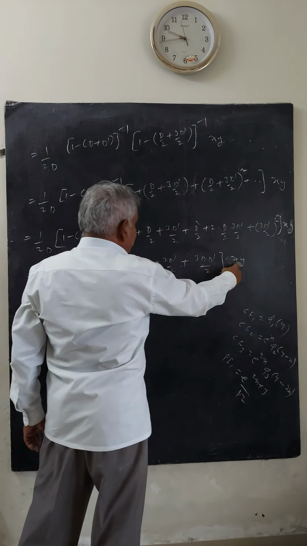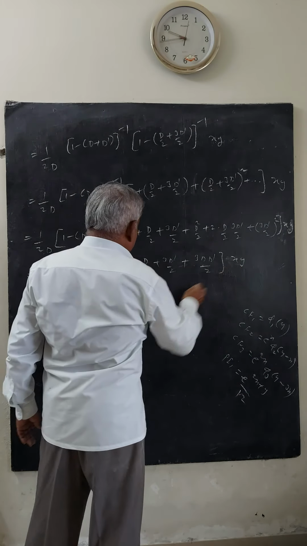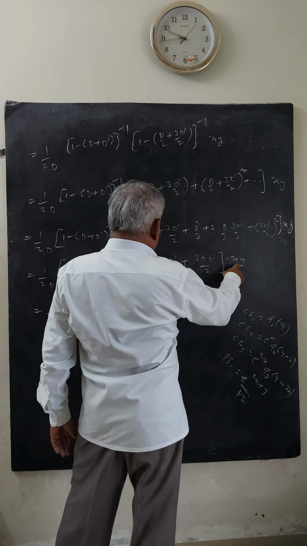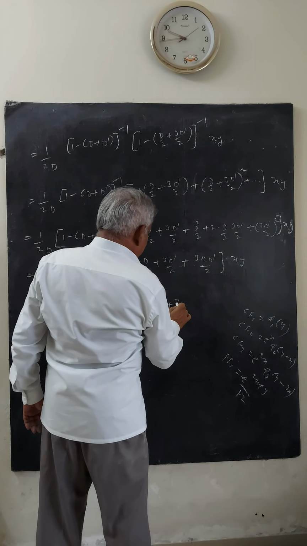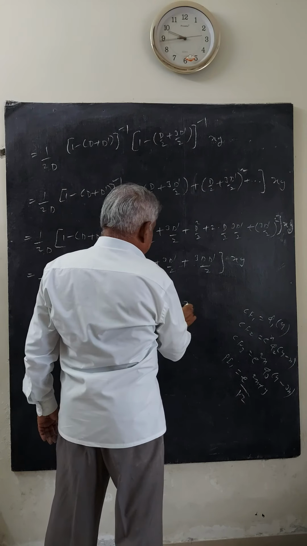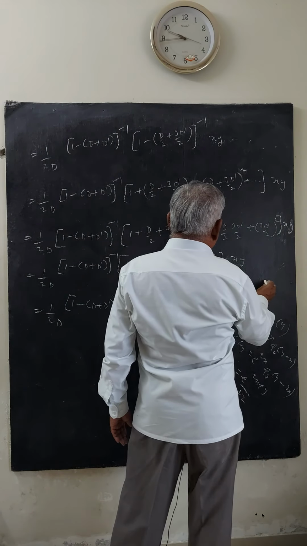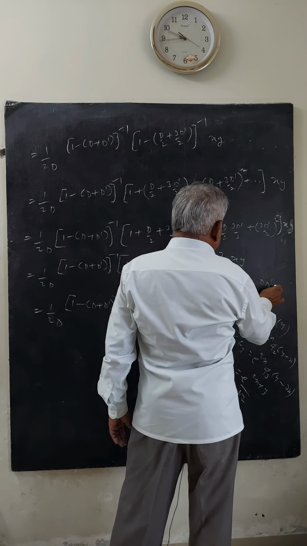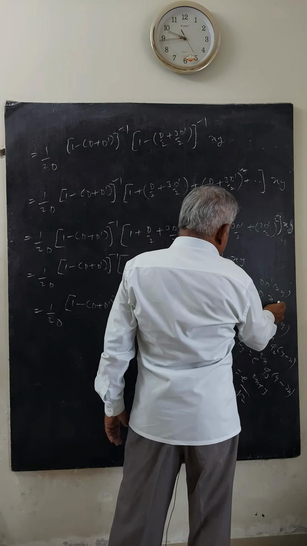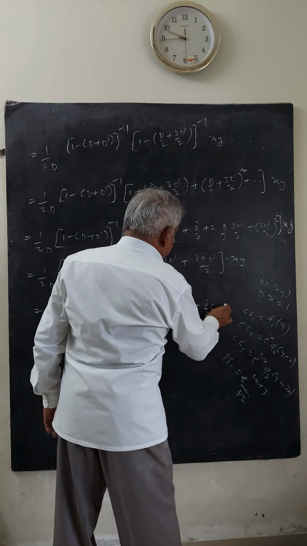D/2 means differentiation with respect to x only; differentiating xy with respect to x, only y remains. Therefore y/2, and differentiating with respect to y only gives 3x/2, plus the DD' term: differentiation of xy gives 1, so 3/2 into 1.